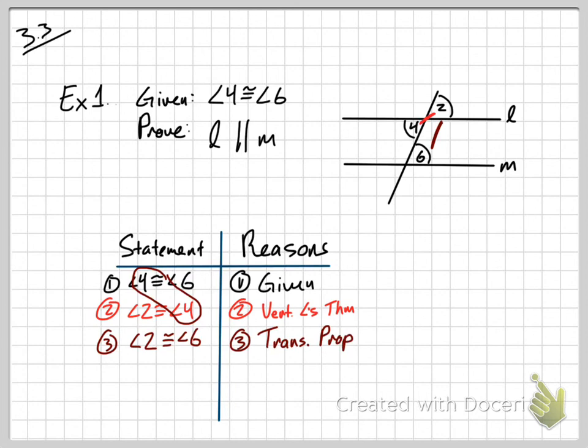If we switch the order, let's say we used angle 4 is congruent to angle 2, then that would lead us to substitution, because the 4s would be on the same side.